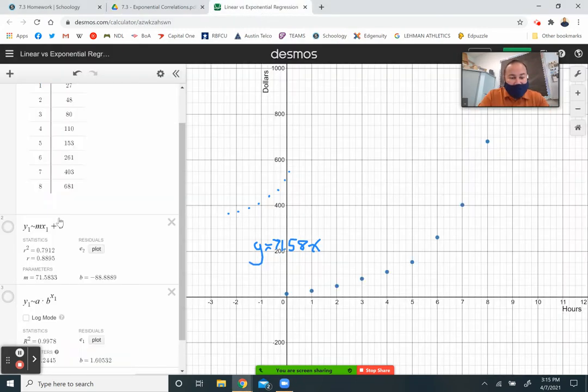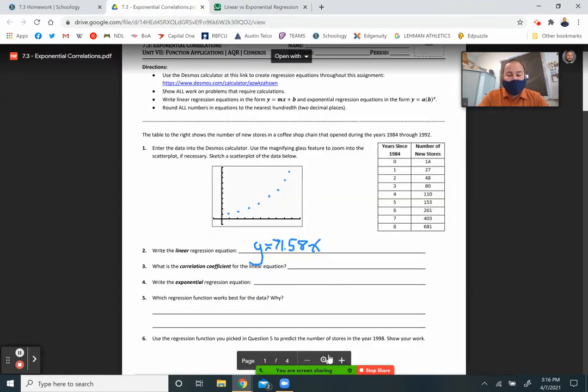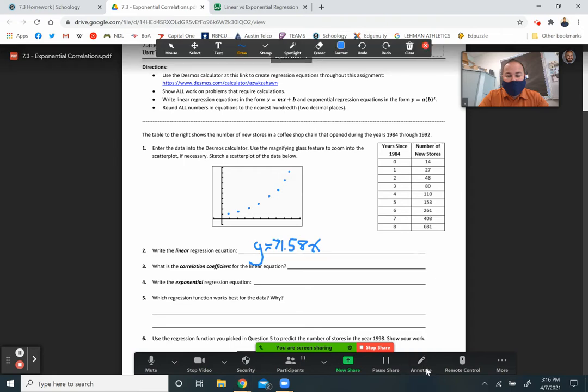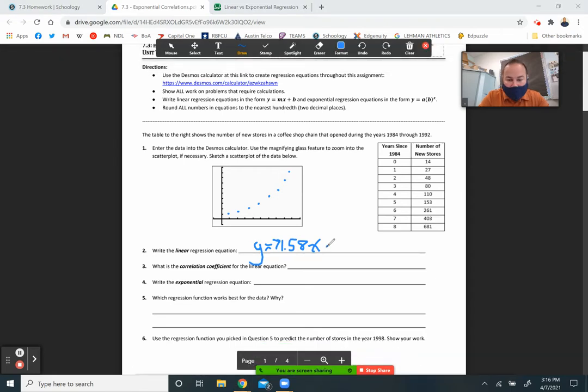And then plus b, but b is negative. What do I do to a plus sign? Change it to a minus sign. 88.8889. How do I round that one? To 2 decimal places. 88.89 would be the correct rounding.